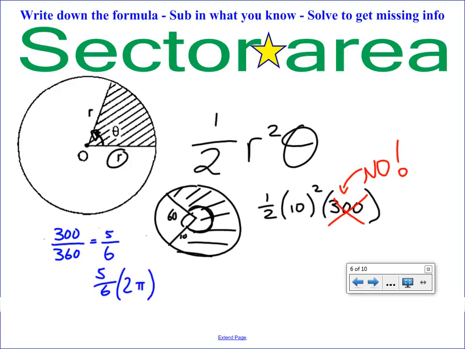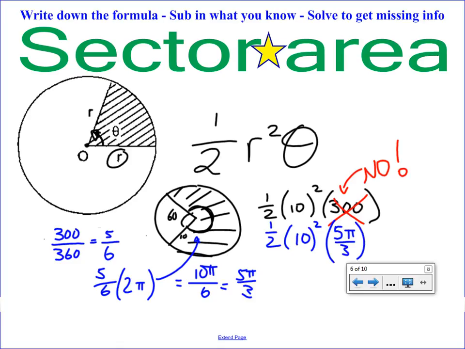So what we've got there is 10 pi by 6, or rather 5 pi by 3. So the area that's shaded is a half r squared theta. Theta must be in radians. Okay, and then you can work it out.